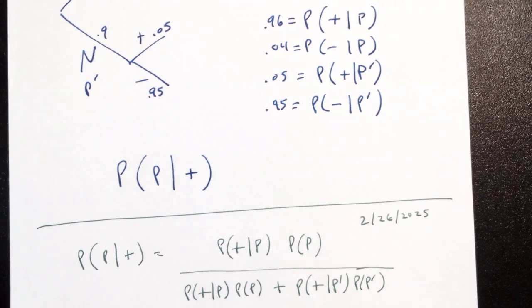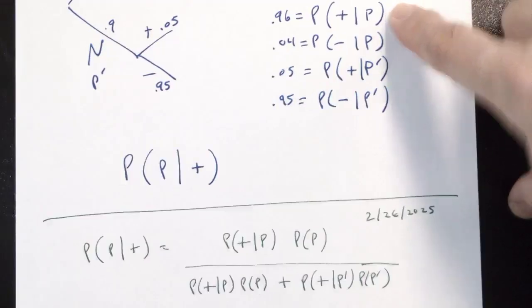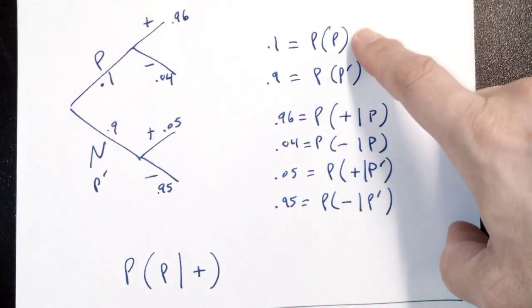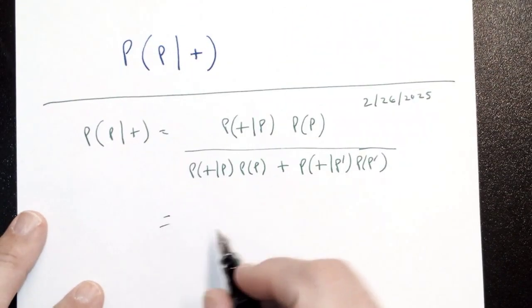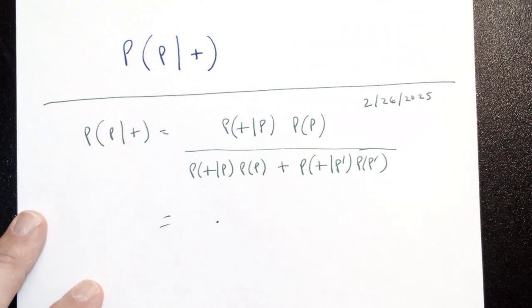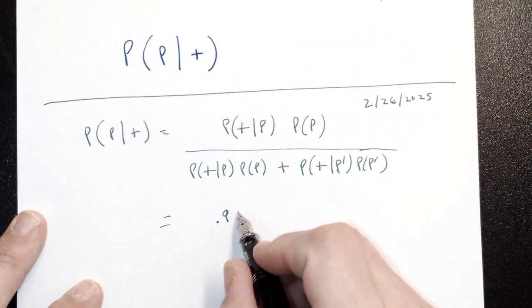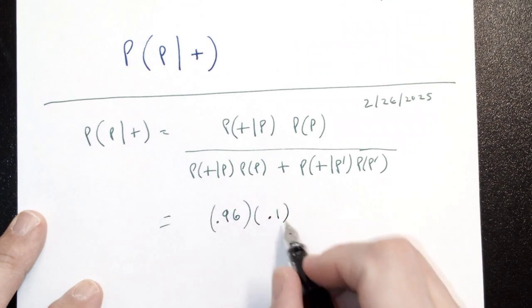What is the chance that I got a positive test given that the person is pregnant? That's right up here. That's our 96%. And the chance that the person is pregnant is 10%. So I know the top fraction: 0.96 times 0.1.